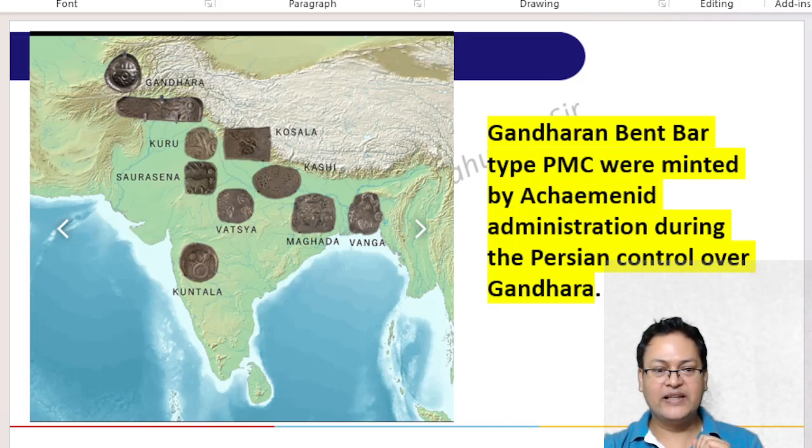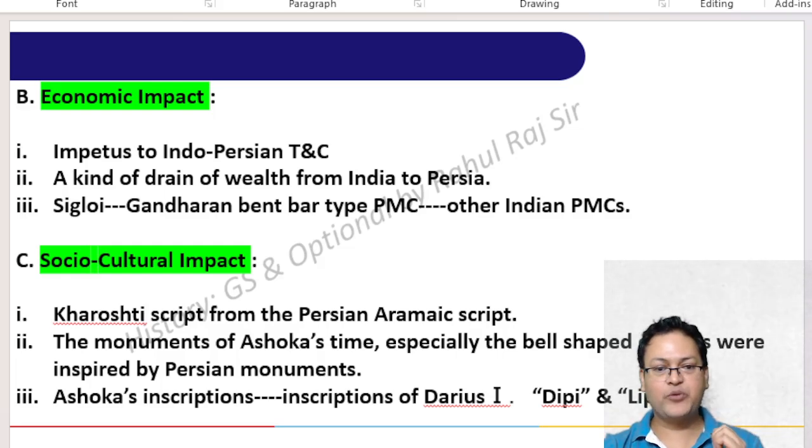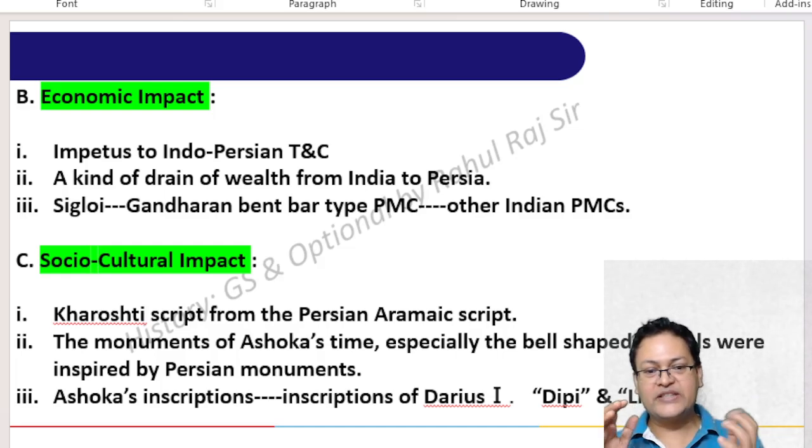Okay, let's come to the next point, that is socio-cultural impact. The most important socio-cultural impact of Persian invasion, and overall also the most important impact, is the Kharoshti script, which developed in the northwestern part of the Indian subcontinent, right? And it continued till the early 2nd, 3rd, 4th centuries of the Common Era.